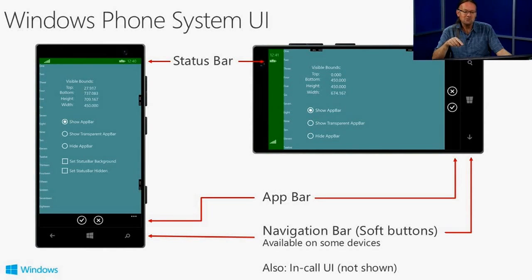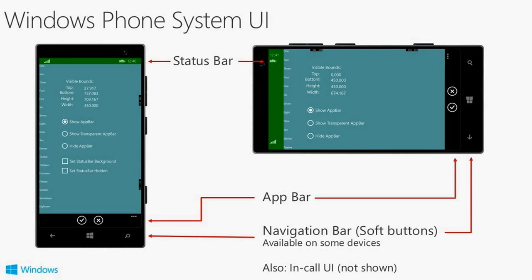The other bit of system UI, on some phones, is the navigation bar, which up till now, pretty much every phone has had hardware capacitive touch buttons on. So they're part of the casing of the phone almost. You're going to see increasingly a lot of new phones coming out, and in fact most of the ones I've seen that are about to be released are these.